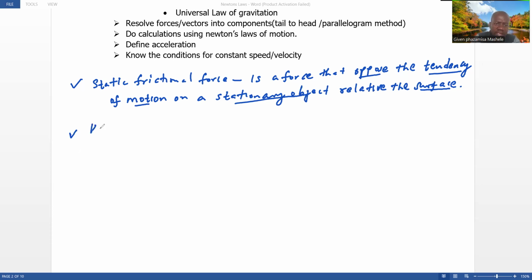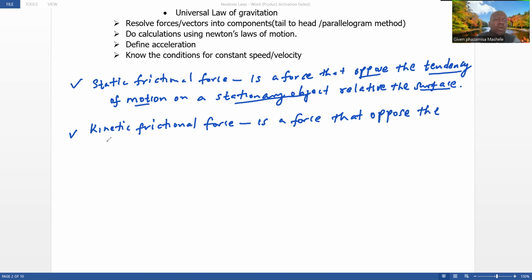Whereas kinetic frictional force is a force that opposes the motion of a moving object relative to the surface.